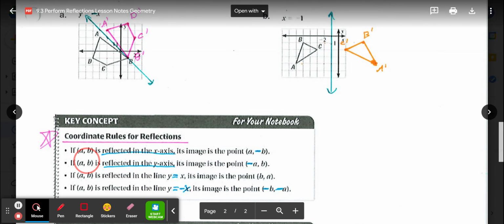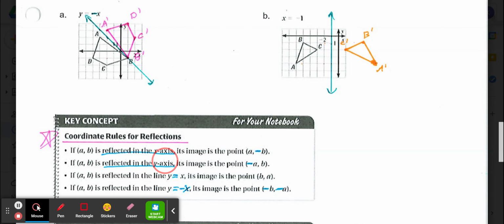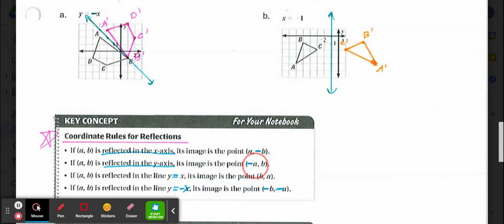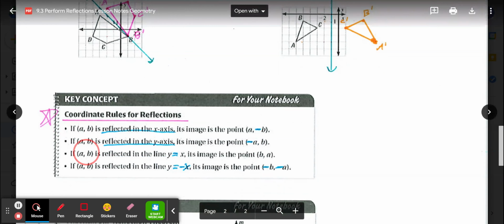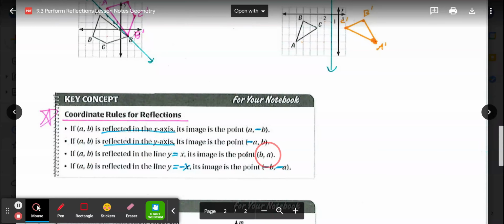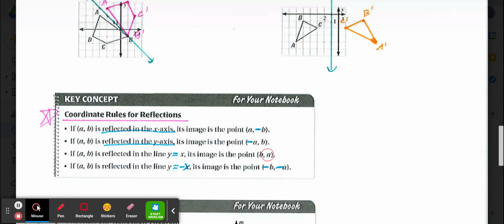If we're starting at (a, b) and we're reflecting over the y-axis, so we're reflecting over x equals 0, in that case, our original coordinate (a, b) becomes the new coordinate (opposite of a, b). Then if we're reflecting the coordinate (a, b) over the line y equals x, it's as easy as flipping the coordinates, so (a, b) becomes (b, a).